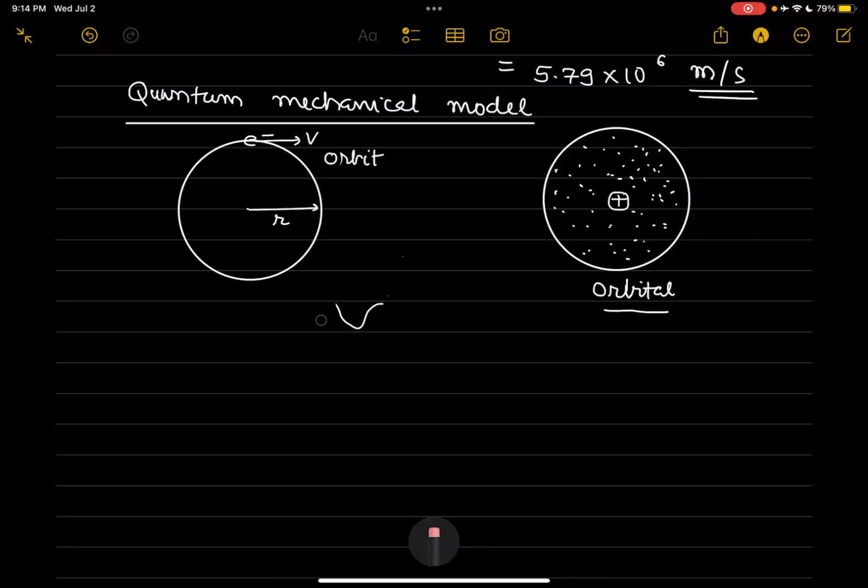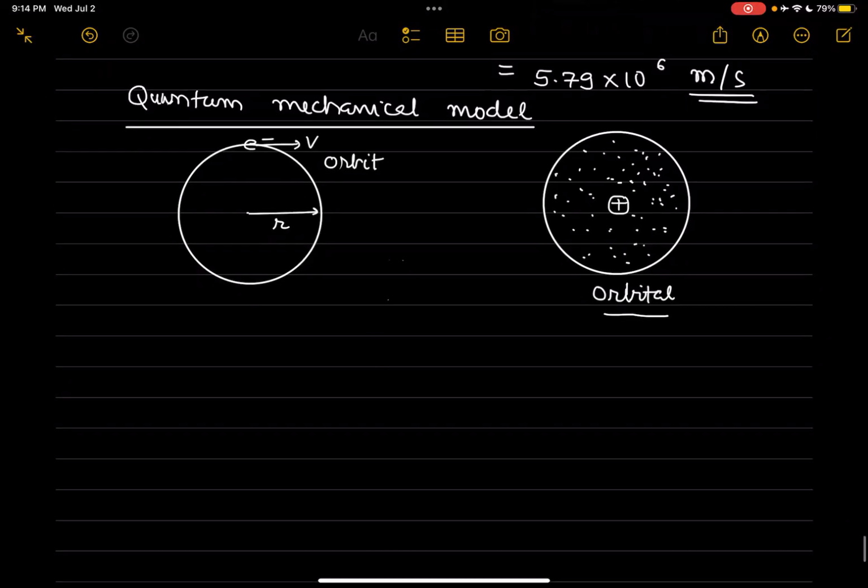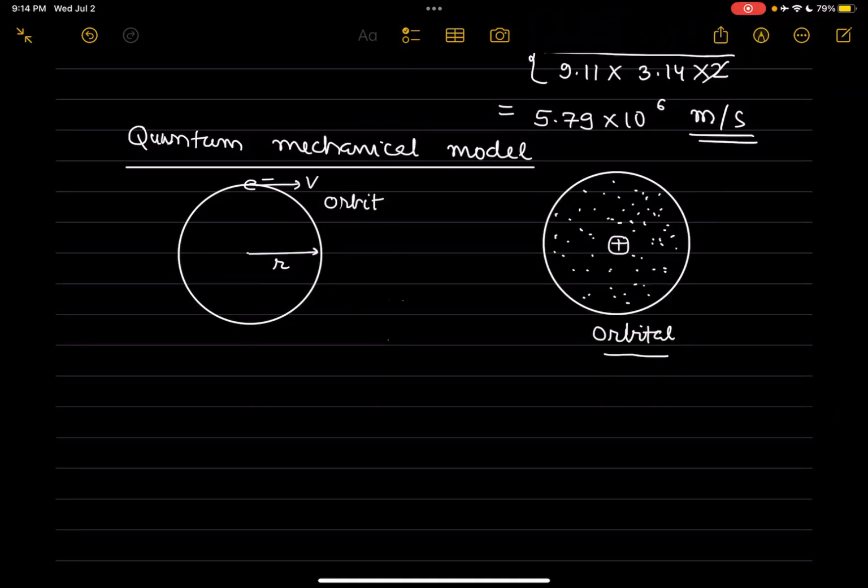But the electron is moving around the nucleus, and an atom is spherical, so that spherical wave is known as an orbital. Are you getting my point? The wave surrounding the atom is an orbital.